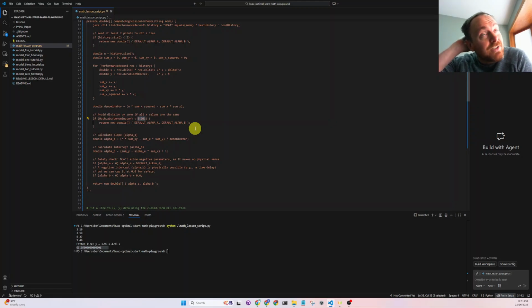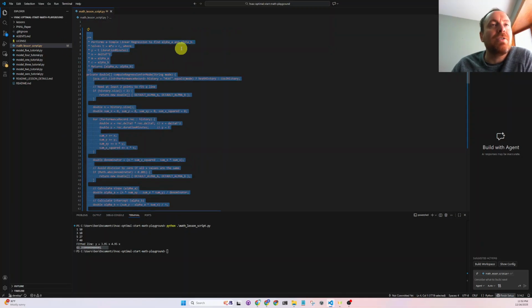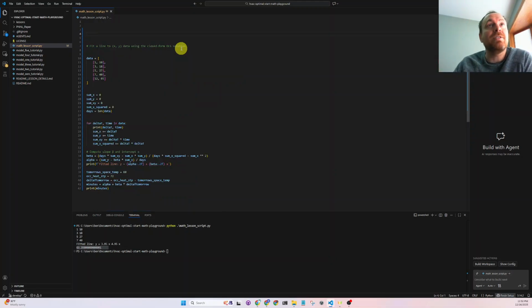It's just a safety factor on the denominator, a safety checker by length of how many days of data, the sum squared. It's interesting how they come up with that, but it's just putting back in the default alpha A and alpha B parameters, so it's just a safety check. I was curious about that yesterday, so I'm just going to delete that out of there for today.